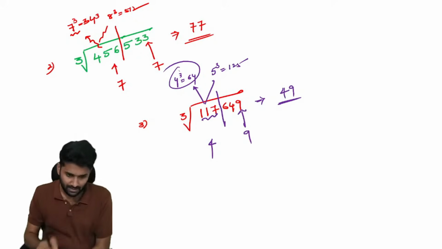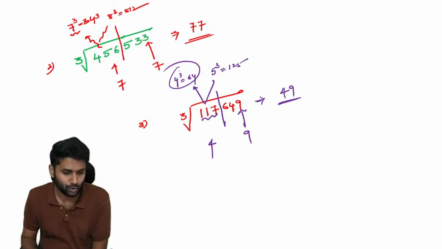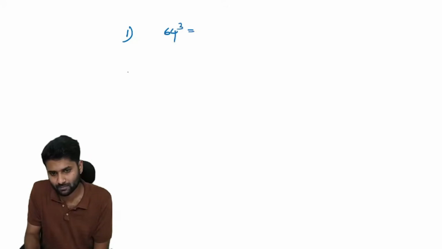Guys, I hope you understand the calculation of cube and cube roots. Once you understand the session, try to answer these questions in the comment section. 64 cube value, 126 cube value.